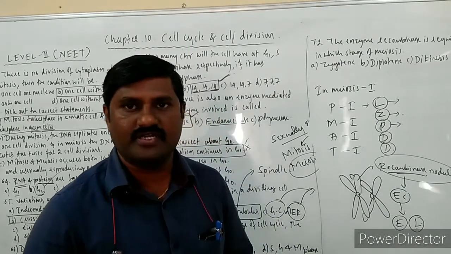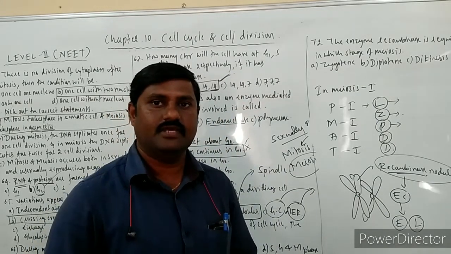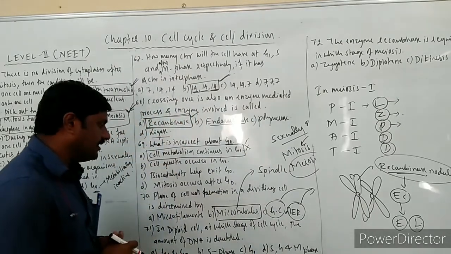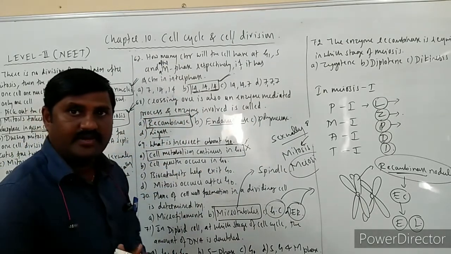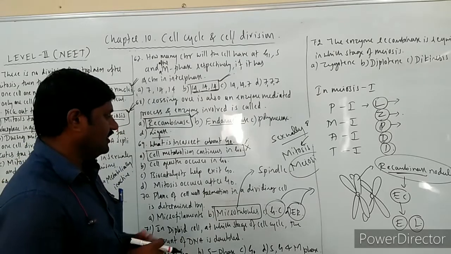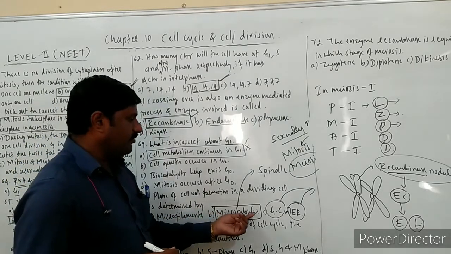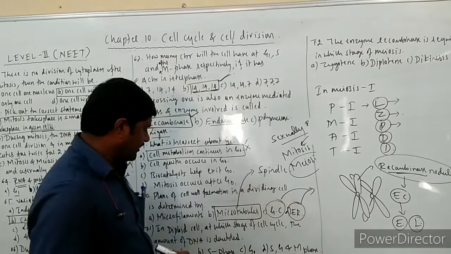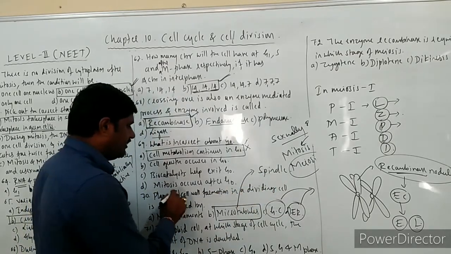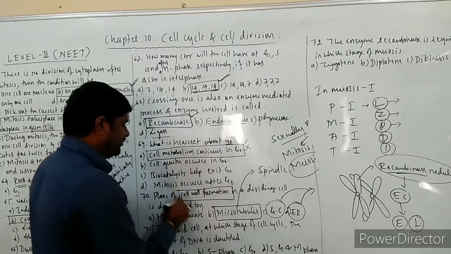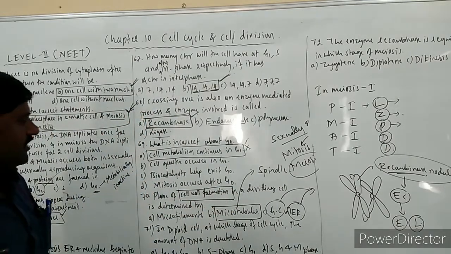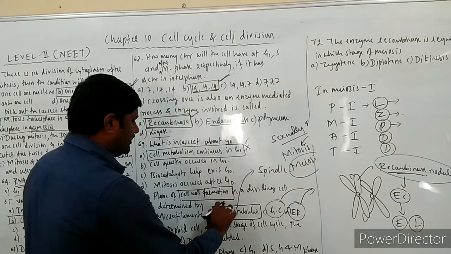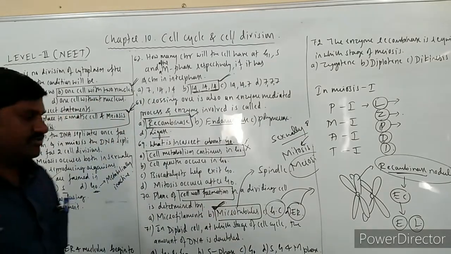That leads to the formation of the phragmoplast initially and cell plate later, and that forms the middle lamella as well as the cell wall. So microtubules form the spindle fibers, which determine the plane of cell wall formation. That's why microtubules is the correct answer for this question.